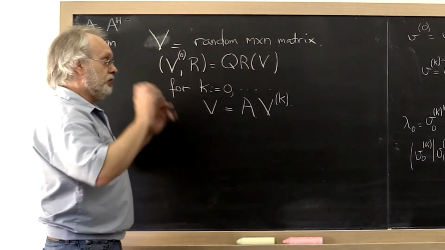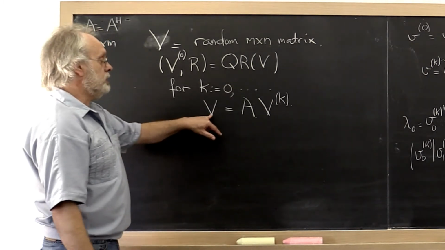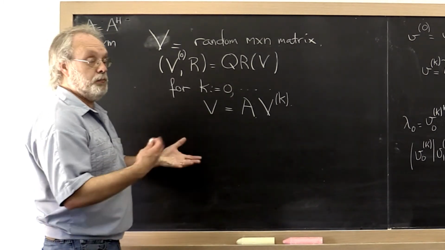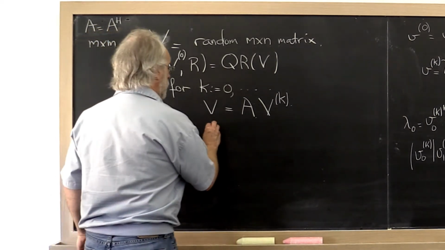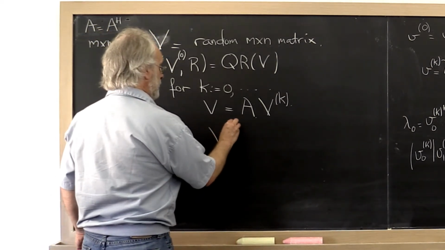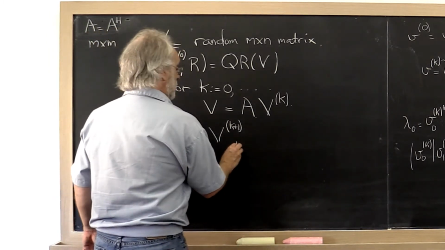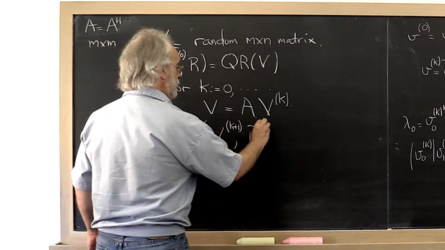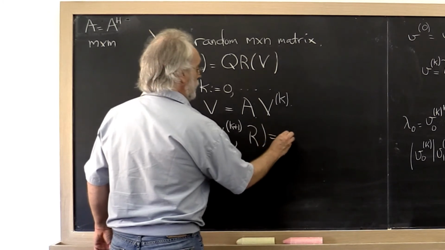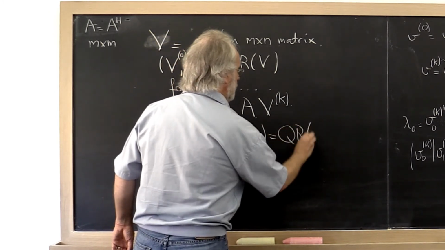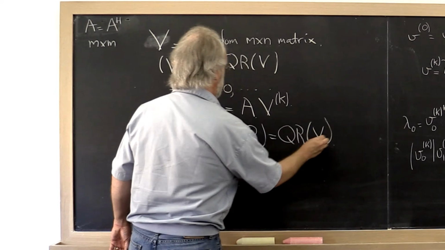That gives us a push in the right direction. But then we want to make sure that these columns are once again mutually orthonormal. So we will let our next iterate be V_{k+1}, which is the result from computing the QR factorization of V.